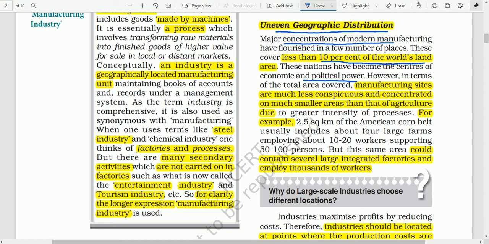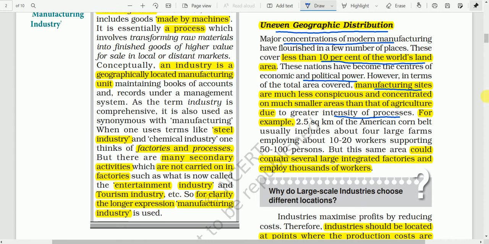However, in terms of total area covered, manufacturing sites are much less conspicuous and concentrated on much smaller areas than that of agriculture due to greater intensity of processes. The intensity of processes is much greater in the manufacturing sites as compared to the agricultural fields.